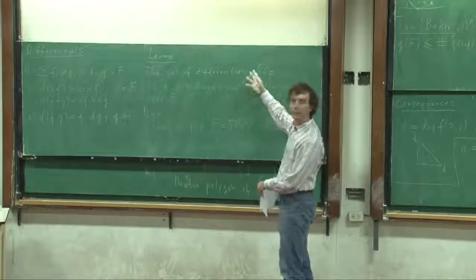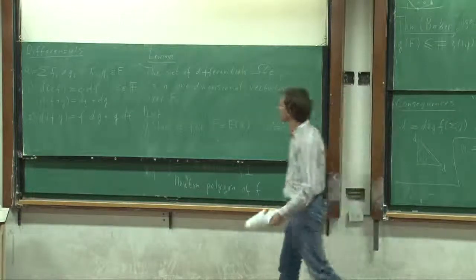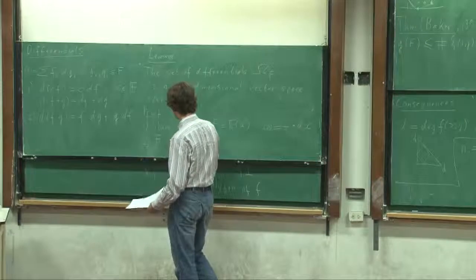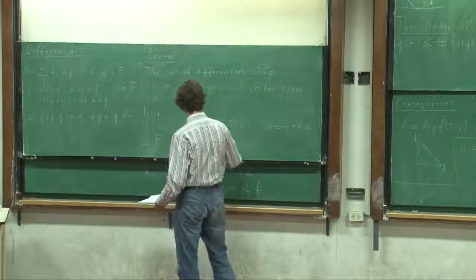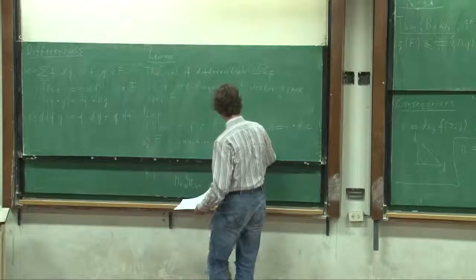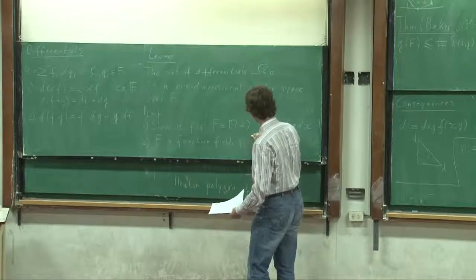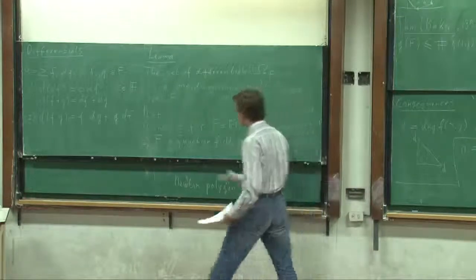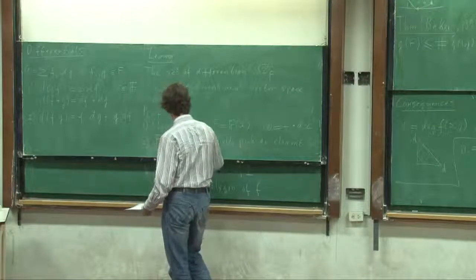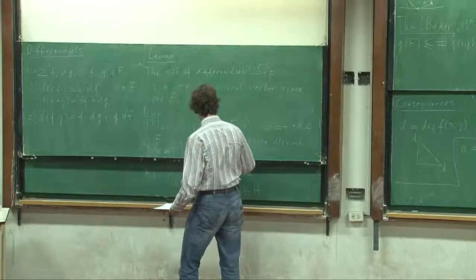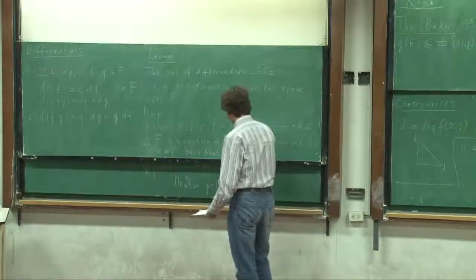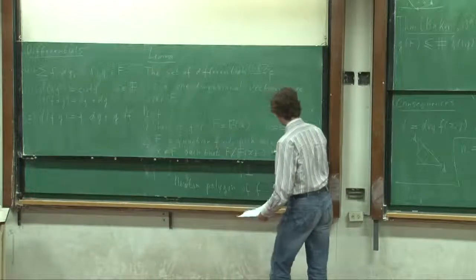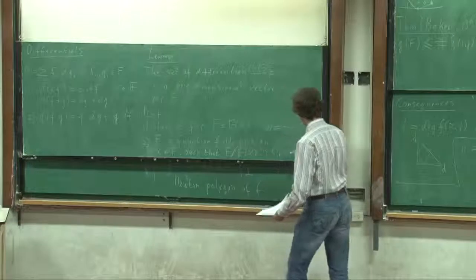But how can we then do this in general? If we have a general function field, what we're going to do is pick an element x such that the extension F over F(x) is finite, but also separable.